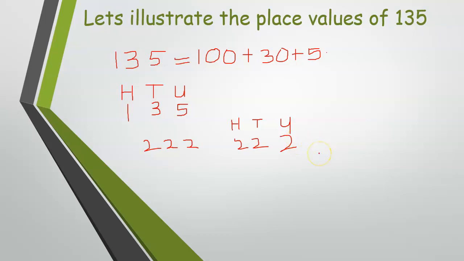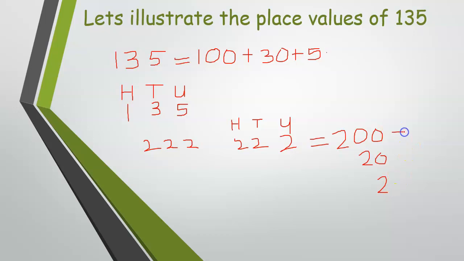Now, what is the value? What is the place of 2 here? The place of this 2 is in the hundreds. But what about its value? Its value is 200 because it's in the place of hundreds. The value of this 2 is in tens, so it's written as 2 tens. The value of this unit is 2 because it is in the unit place.